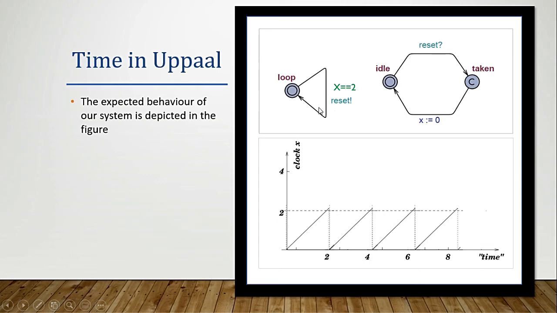Once you take this transition, that means you send a signal to another observer. Once you take this edge, that means you are synchronized with another timed automaton, which is the observer.